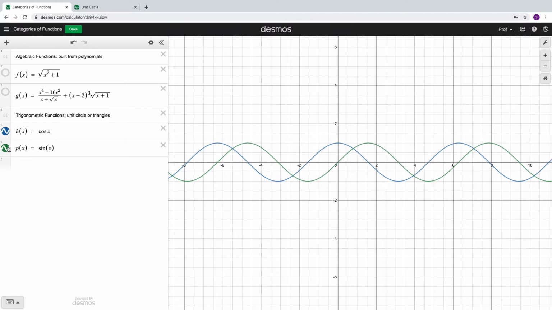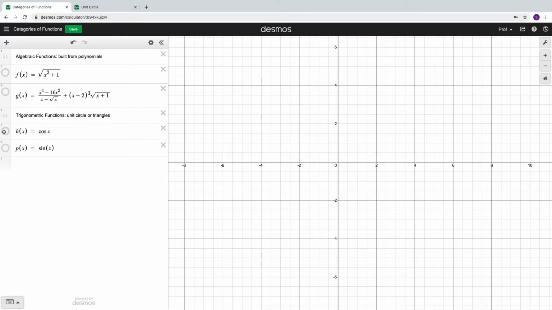And what you'll notice is I have my cosine graph, where my x-axis, my input, is my angle measure in radians on that unit circle, and my output is the x-coordinate. Then I have the sine function, where the input is that angle measure and the output is the y-coordinate.